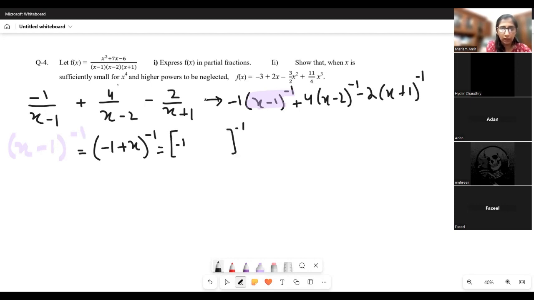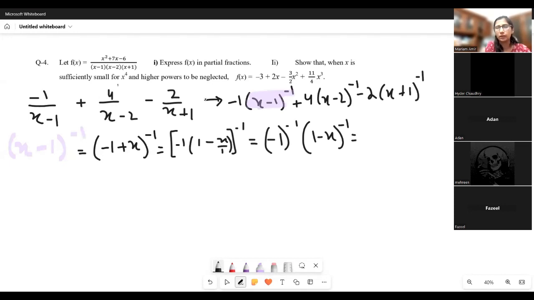Take minus 1 out of the bracket and we get 1 minus x upon 1. So that's just 1 minus x. So we have minus 1 power minus 1 and 1 minus x power minus 1.